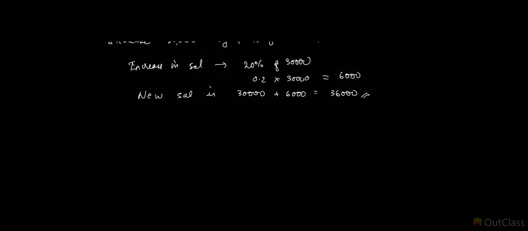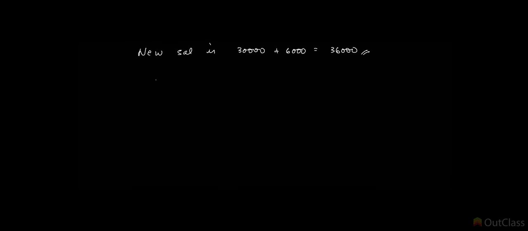Now, if I didn't tell you what his salary was and I gave you the variable s, and you have to increase it by 20%, you will say the final value is s plus 20% of s, which is s plus 0.2 s.